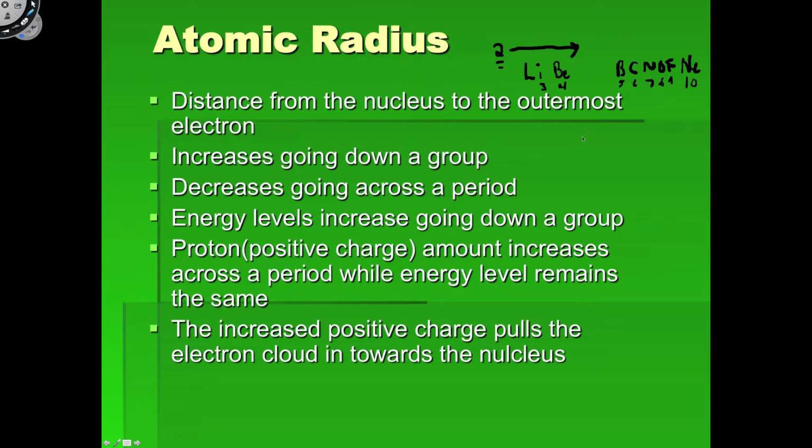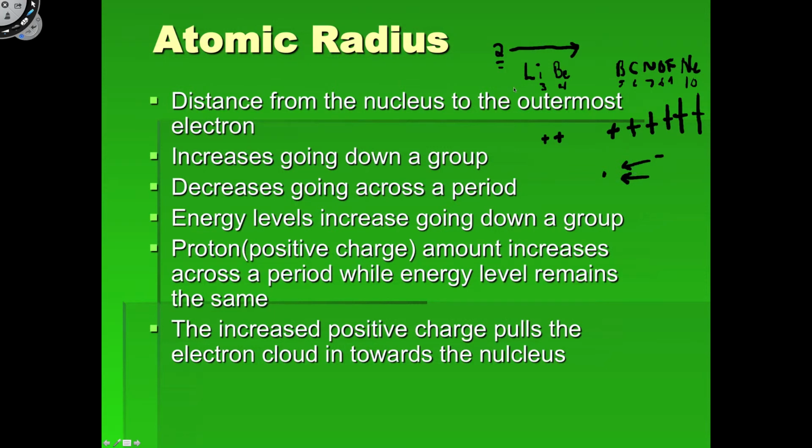So what's happening to our nucleus as we go from left to right? Is it getting more positive? It is. And why is it getting more positive? Because we're adding more protons. Remember, increase in atomic number, increase in proton number. So if we're increasing the positive value of the nucleus, and that outermost electron isn't getting any farther away, what do you think it tends to do to those electrons? It pulls them in. And when it pulls them in, what does that do to radius? It makes the radius smaller.